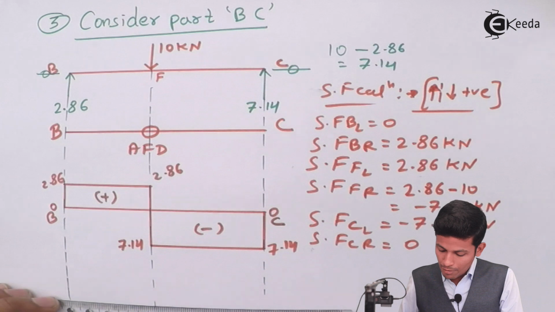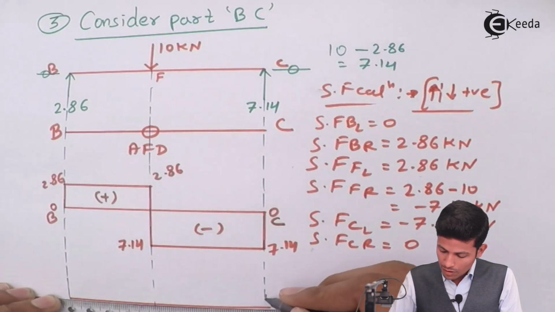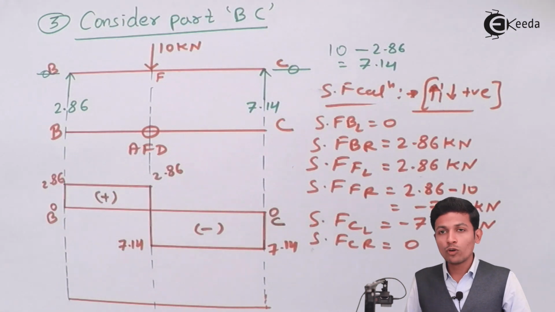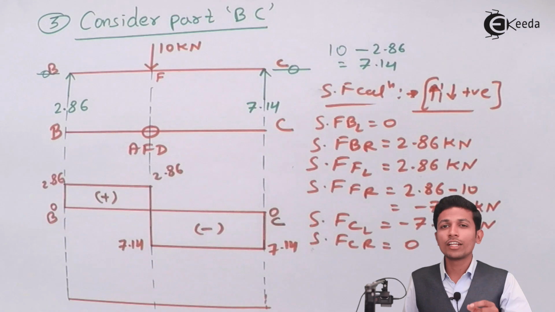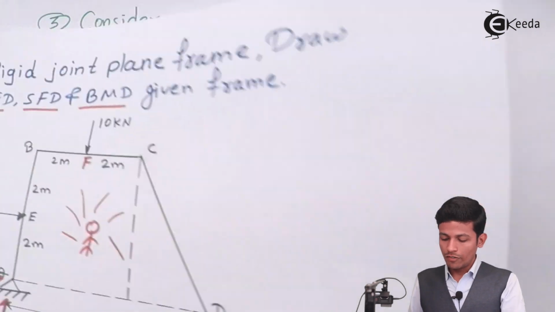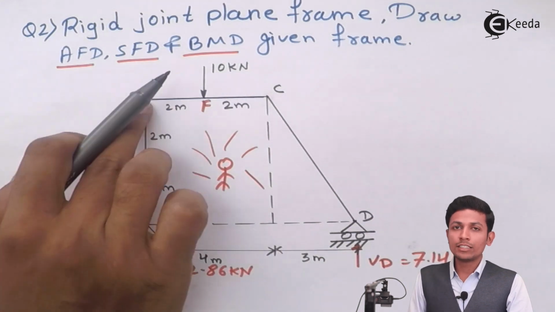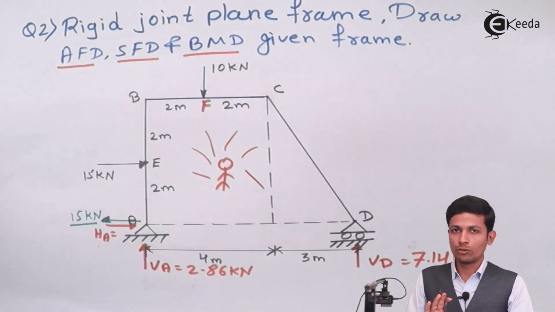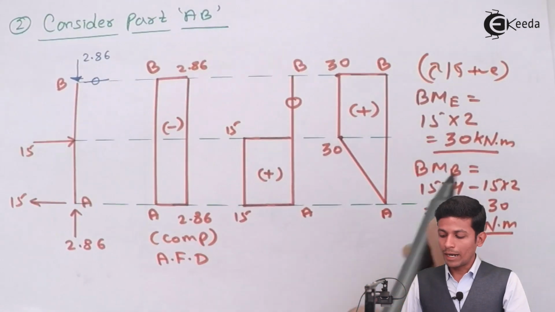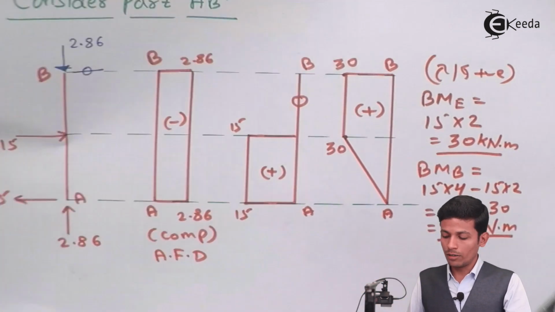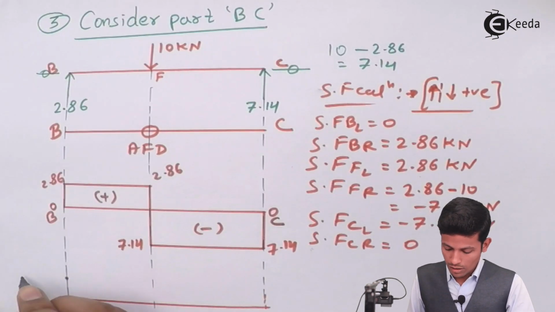Now in the bending moment diagram, as you all know, we have to see the original diagram given in the question. We have found the bending moment at B, so directly apply it; we don't need to find it again. The bending moment at B is 30 kilonewton meter positive, so we mark 30 kilonewton meter over here.